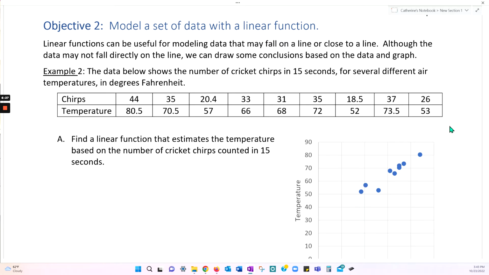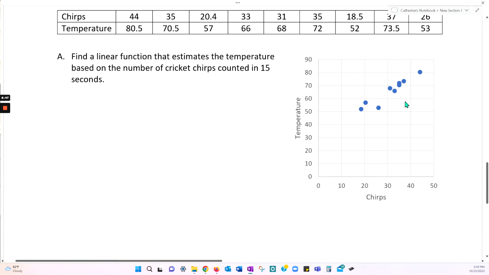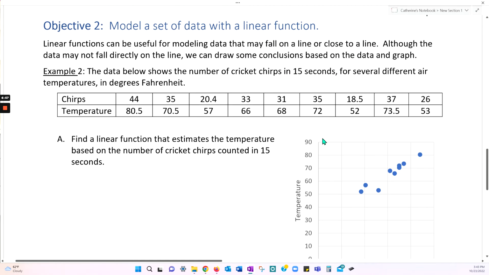So finding a best fit line, but we're going to do it in a less precise way than you learn in statistics. So linear functions can be useful for modeling data that may fall on a line or at least close to a line. So if you look at this picture over here, these points are not all on a line, but they're pretty close to being linear. So we can kind of just go with it.